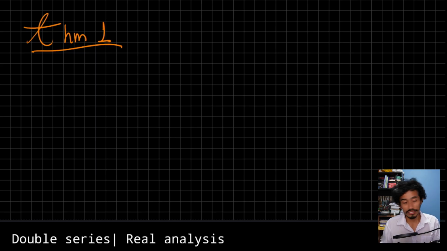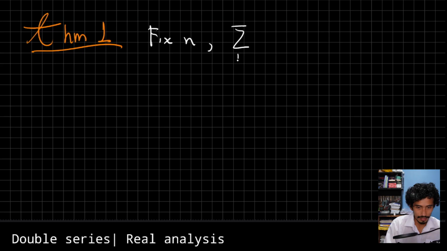Alright, so if we fix n, then the series letting k range over its full span is convergent.